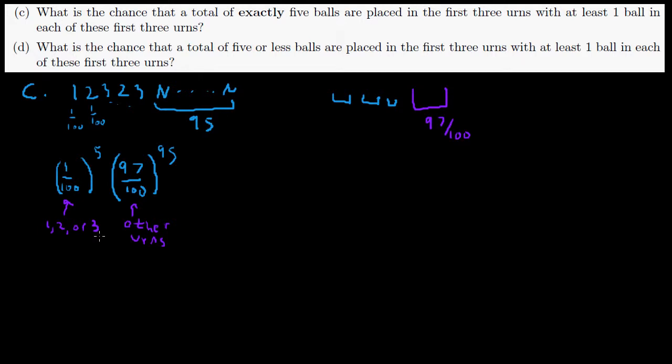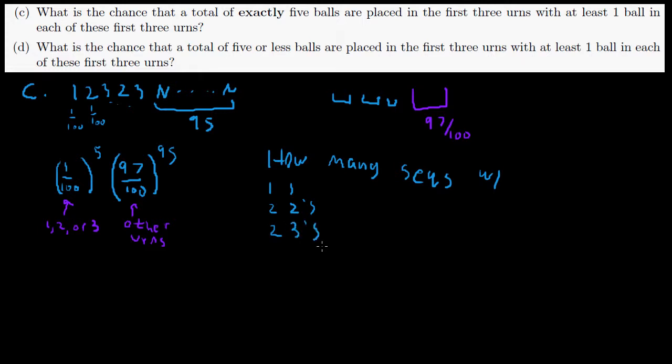Now, the next part is to count how many possible ways there are to do this. So, how many ways are there to pick a sequence? Let's just use a particular number as an example with 1, 1, 2, 2s, and 2, 3s.